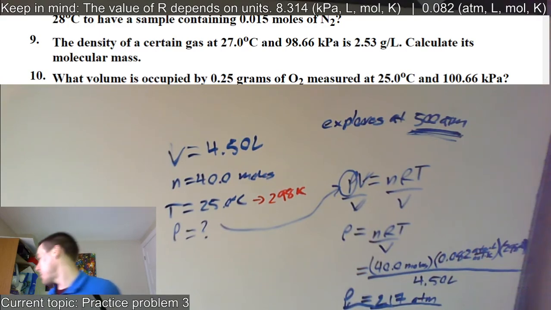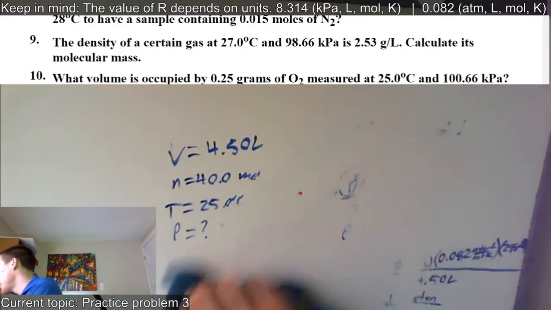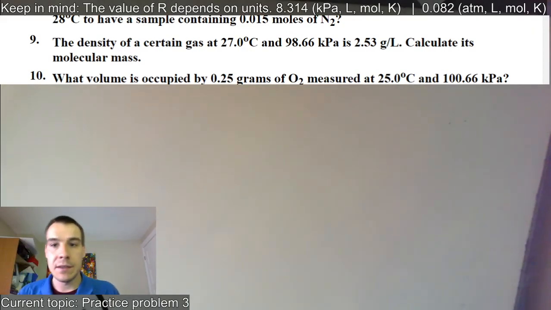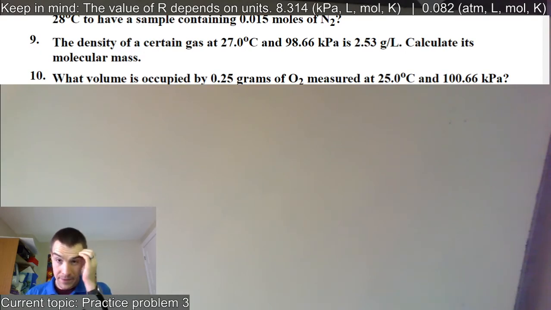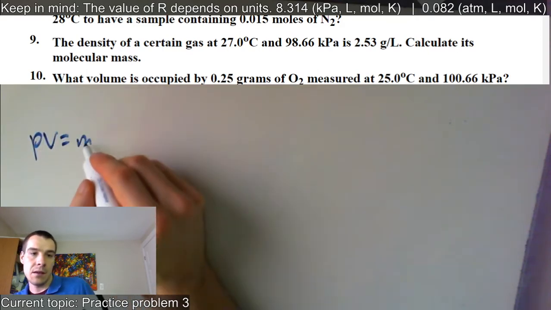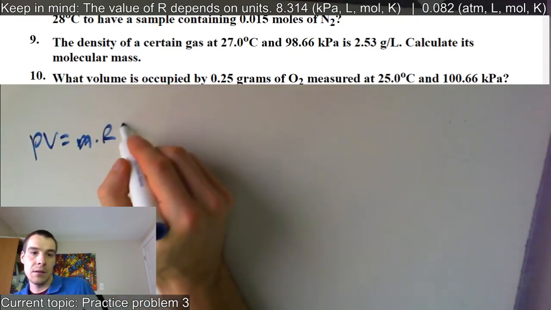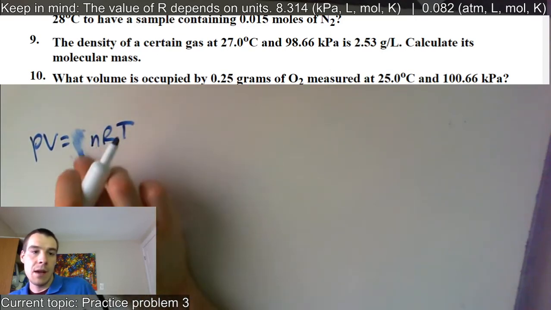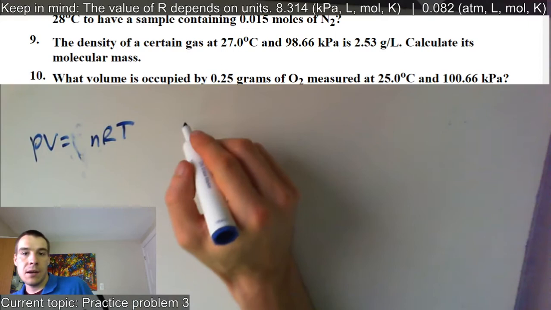What volume is occupied by 0.25 grams of oxygen measured at 25 degrees Celsius and 100.66 kPa? So let's run down what we know. We know that PV equals nRT. What do we know here?